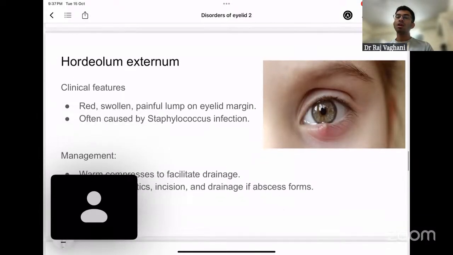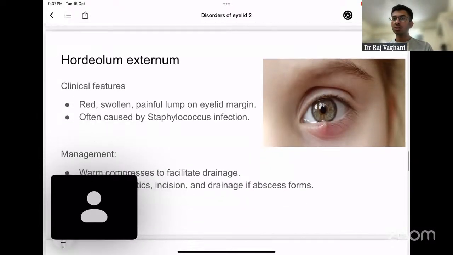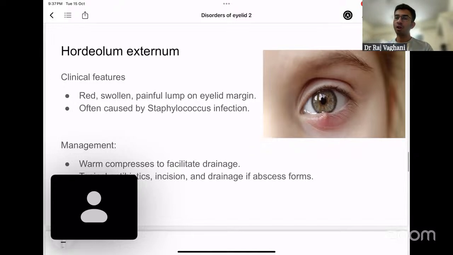Now coming towards the next topic, this is hordeolum externum. It is also known as what? I've told you in the previous live class that it is also known as stye. So hordeolum externum is also known as stye. We have discussed its clinical features.